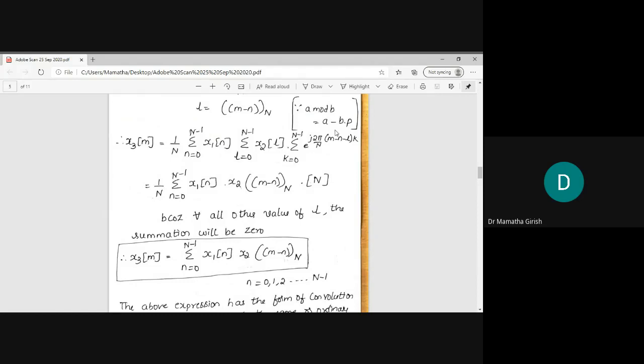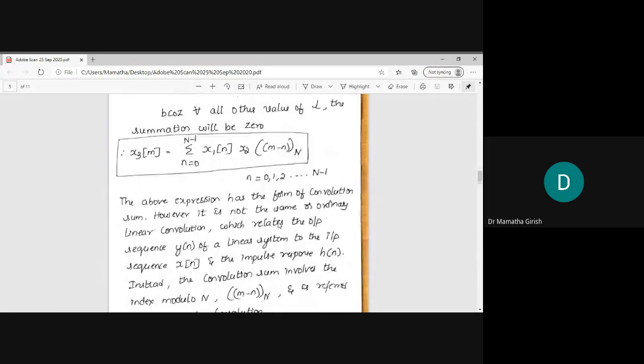And the third summation value, as I told, is equal to the value of n, provided the value of A is equal to 1. This term is equal to 1. By considering this term equal to 1 only, I obtained the equation for L as (m minus n) modulo n. Accordingly, this n and n will get cancelled.